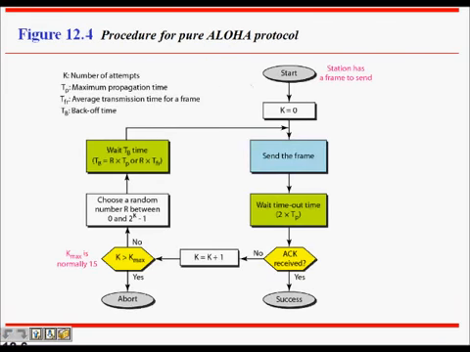So we will look at it here. This is the procedure for pure Aloha. I am a station, and I find that I have some data to send, so I set my counter k equal to 0, which means this is my first attempt. Here k represents the number of attempts.